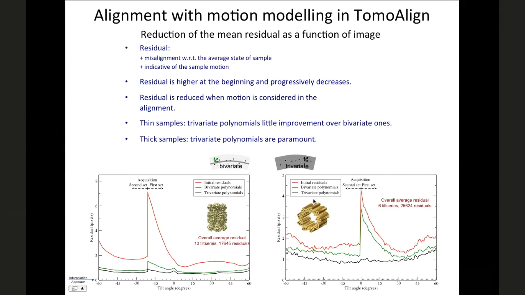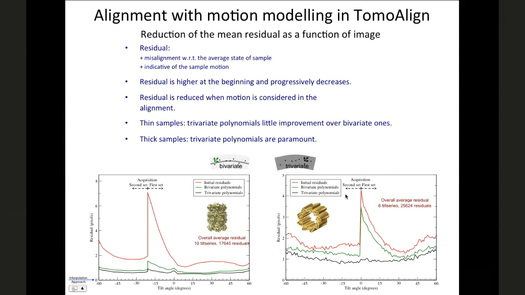However, in a thick sample, we can see that the substantial reduction of the residual only takes place with the black curve, which represents the trivariate polynomials, indicating that for a thick sample, there might be significant variation of the motion from top to bottom of the sample.